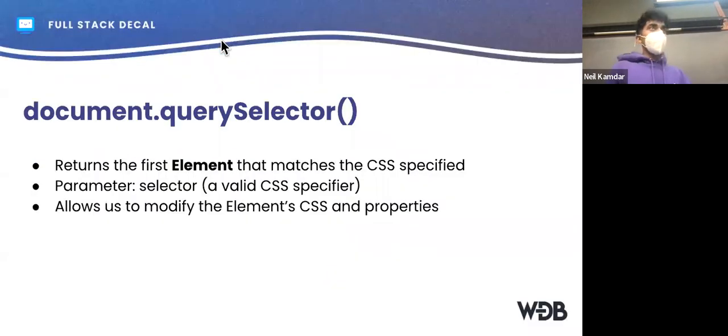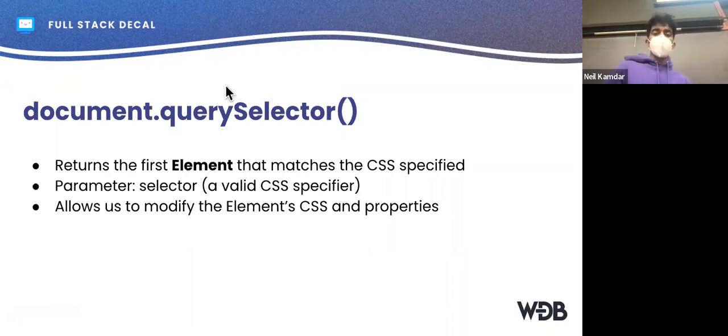Yeah, so the first method we're going to go over is document.querySelector. This is really useful because it allows us to return the first element that matches the CSS specified. Basically, you pass in a selector. You might have seen in your CSS homeworks or in the lectures, for example, a period and then some class name.